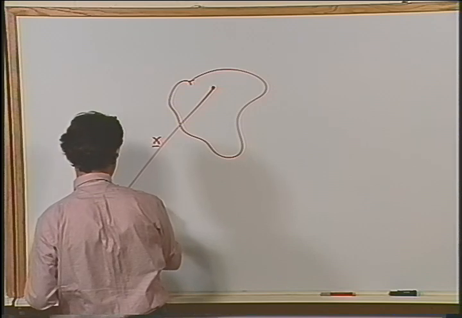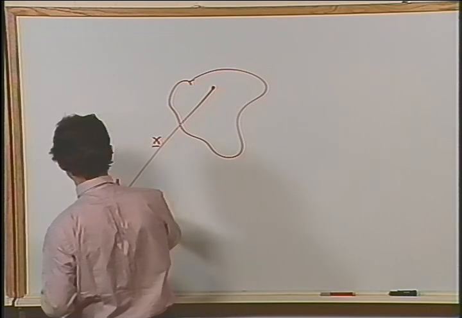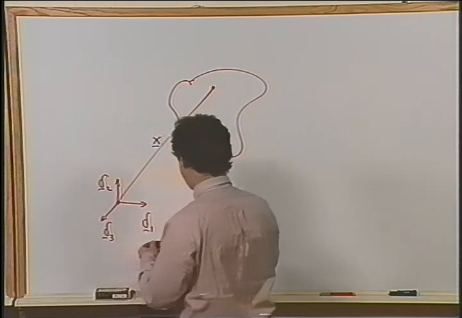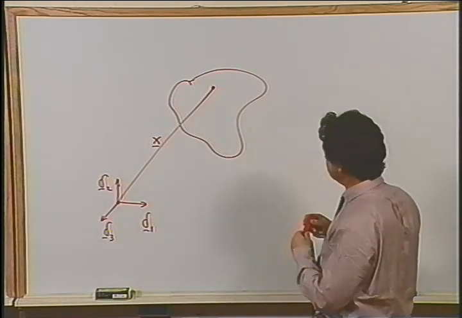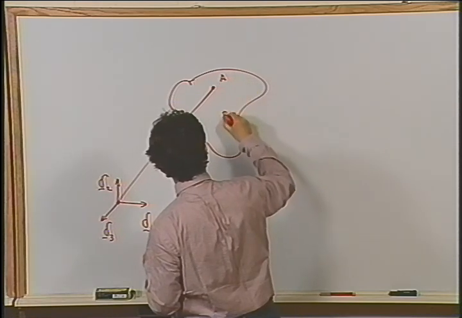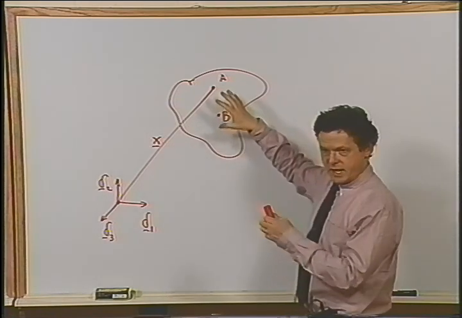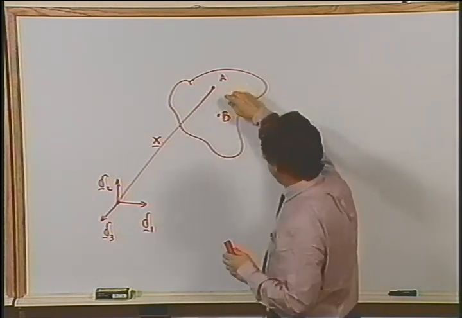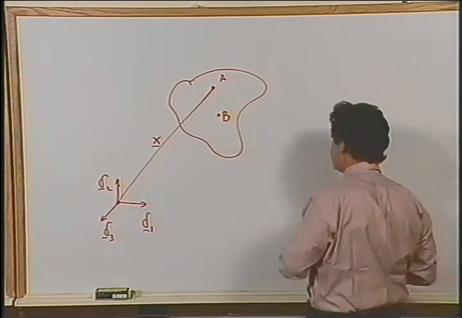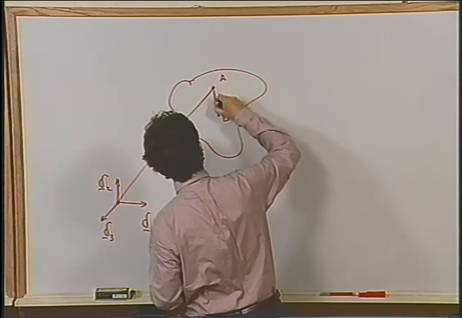Let's say we have an observer, a stationary observer, with a Cartesian coordinate system, delta 1, delta 2, and delta 3. And we could assign a position of this point here, and then we could pick another point B, say here, and we would define the deformation of the material by drawing now a plane in this material, or a line.